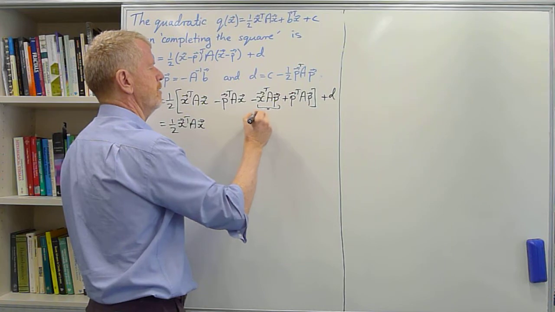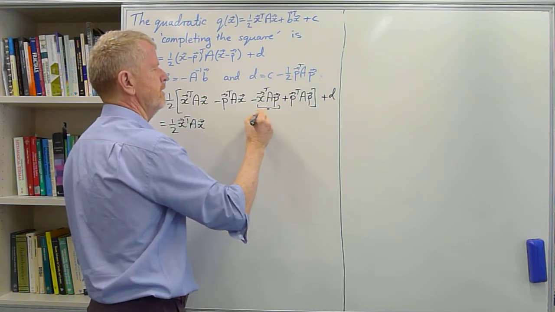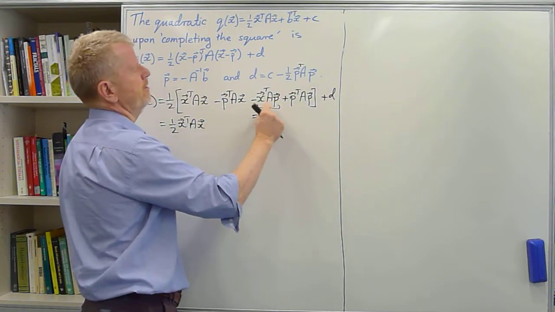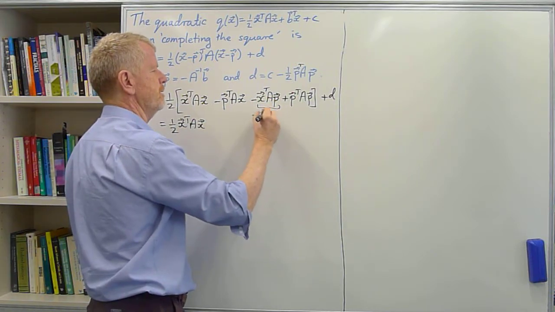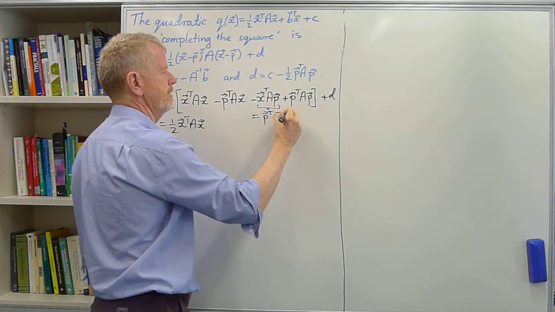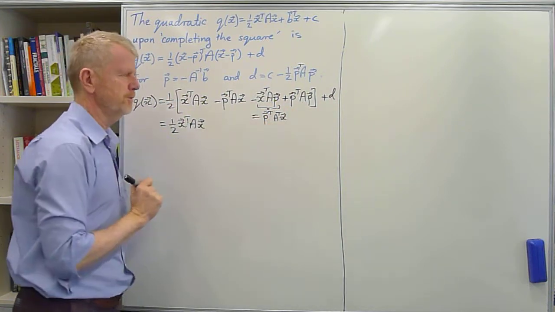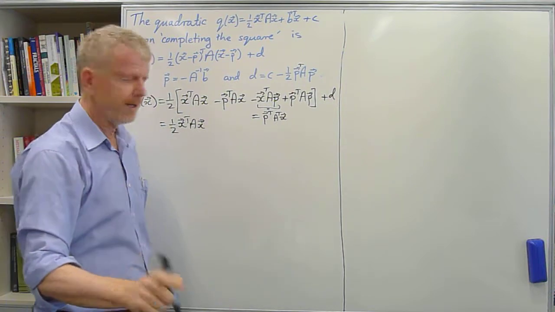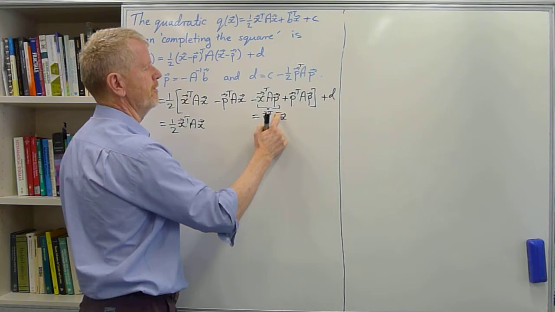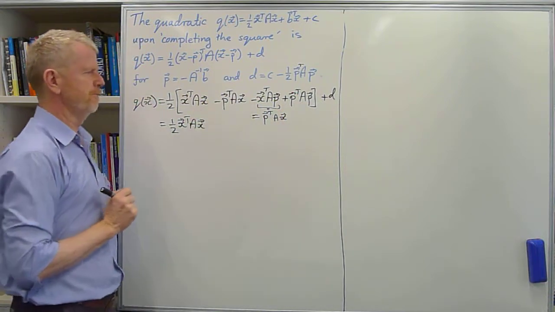So we can transpose it and say that it's equal to that. So what's its transpose? The answer is p transposed A transposed x, the product of the things in the reverse order. But A is symmetric, so A transposed is the same thing as A. So we scrub out that transpose.